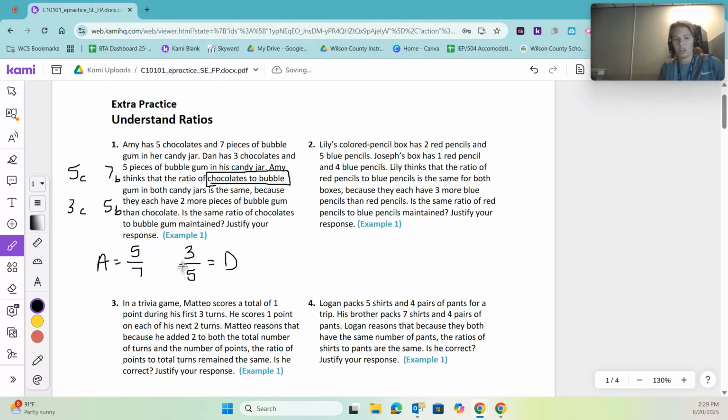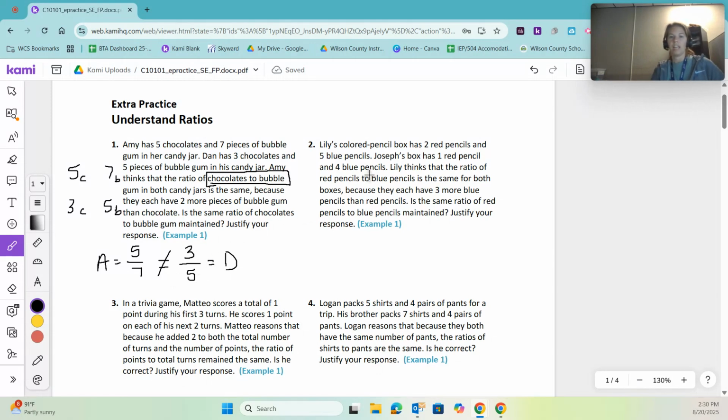Well, no, because 5/7 is completely simplified and doesn't simplify any further, and same thing with 3/5. And 5/7 and 3/5 are not equal. Both are completely simplified, so these are not equivalent fractions.